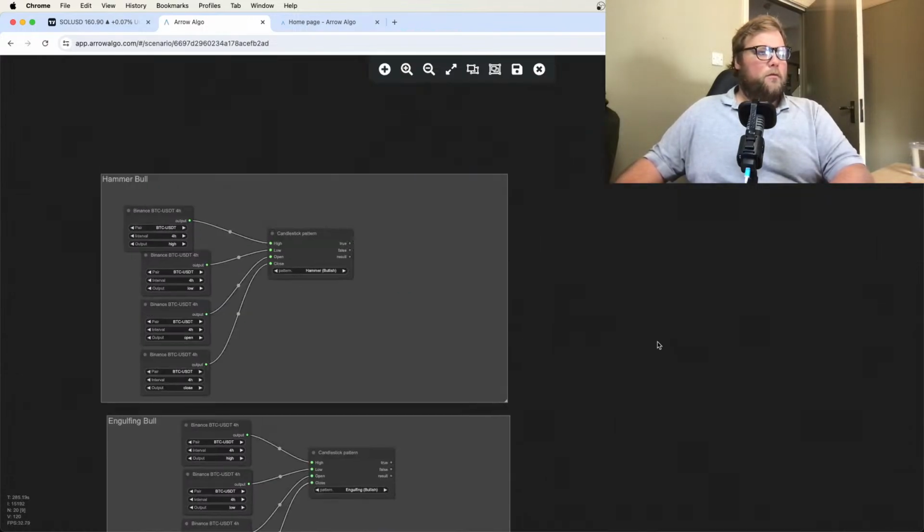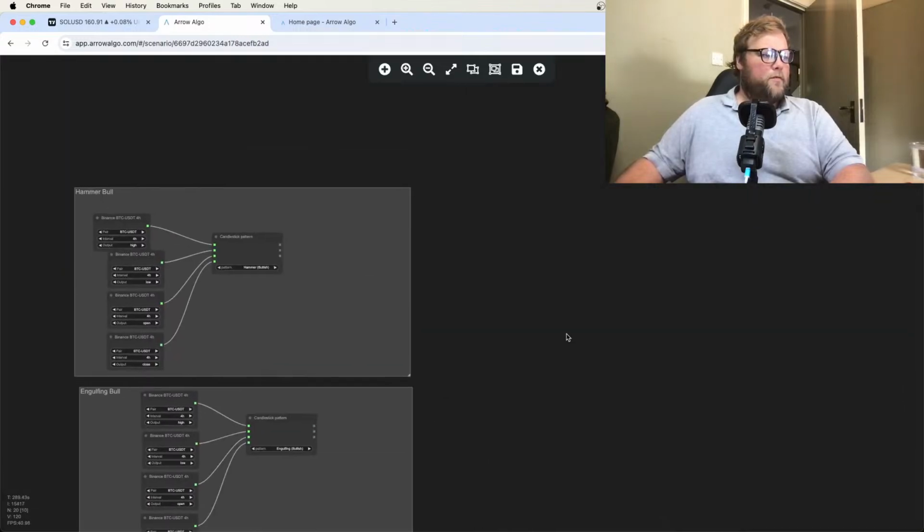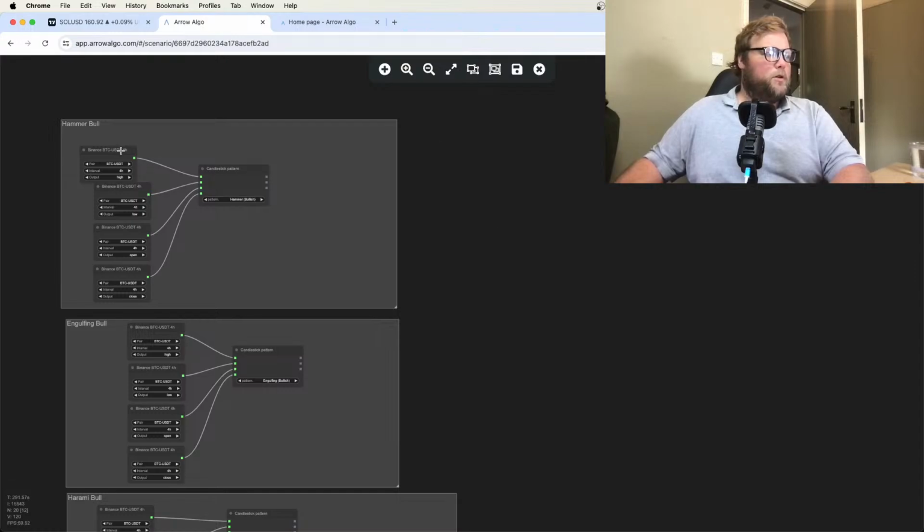So we've got 5 sets of groups looking for the different candlestick patterns on the bull side.